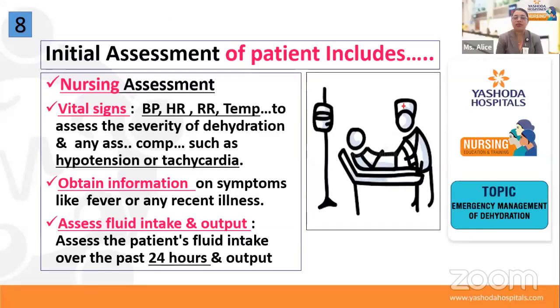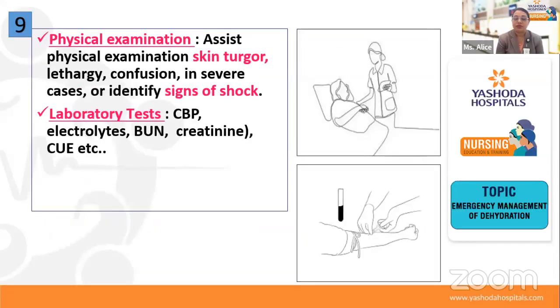Nursing initial assessment includes vital signs, BP, heart rate, respiration and temperature, to assess the severity of dehydration, and obtain any symptoms like a fever or any recent illness. Also assess the fluid intake and output. 24 hours urine output is very much crucial. Physical examinations to assess the skin turgor, lethargy, confusion.